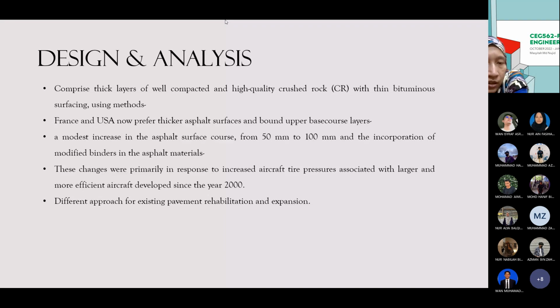Overloading datang daripada aircraft tire pressure. Tire pressure dia berapa? Tahu tak tahu Nabila? Ada jumpa tak? Tak perasan, madam. Okay lah, proceed.